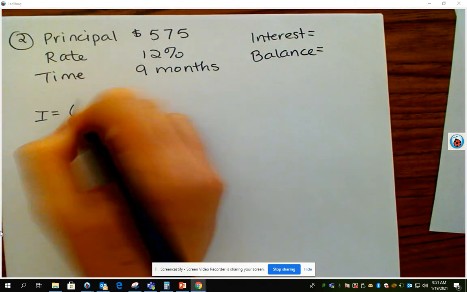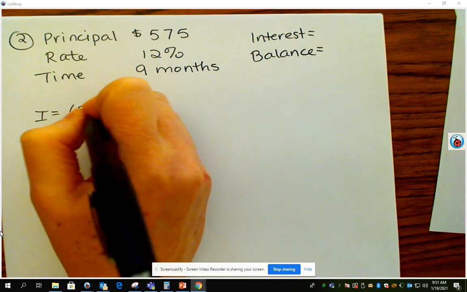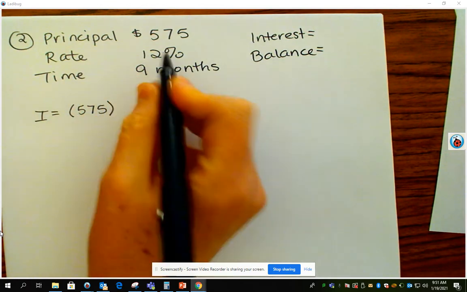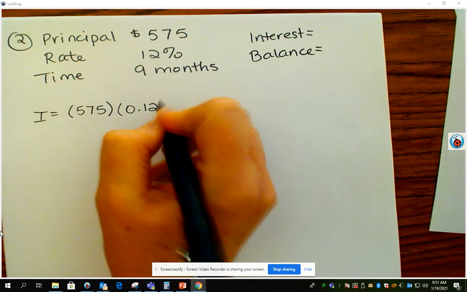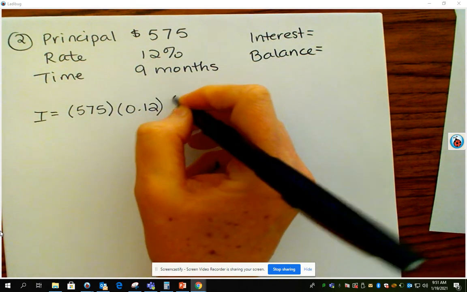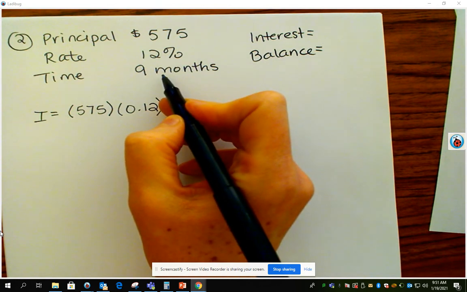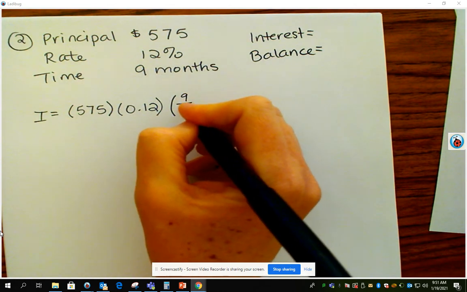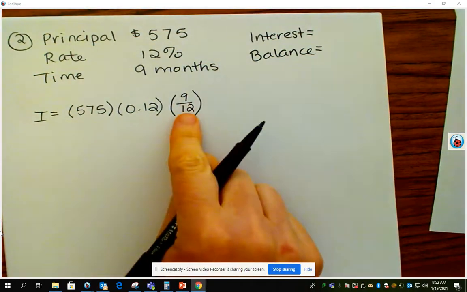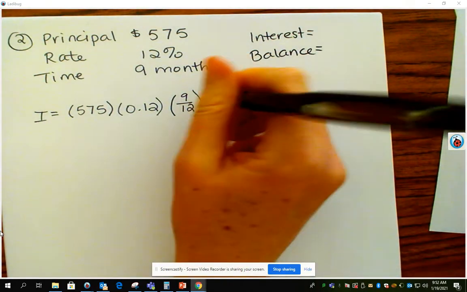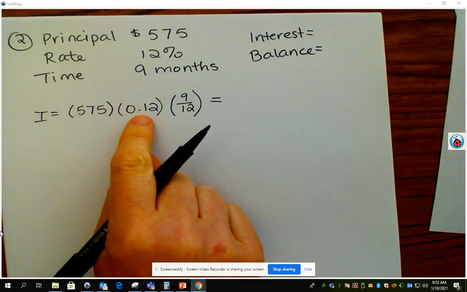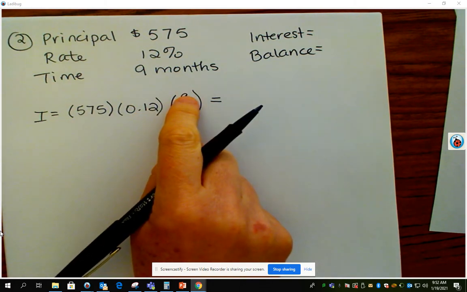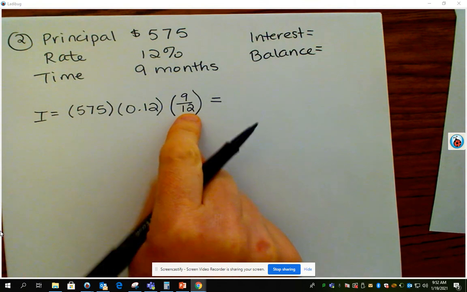Interest equals principal times rate. Remember, we're going to write the rate as a decimal, so 0.12, times the time in years, so 9/12ths of a year, because there are 12 months in a year. Remember, when you multiply, do 575 times 0.12 times 9, and then divide at the end, divided by 12.